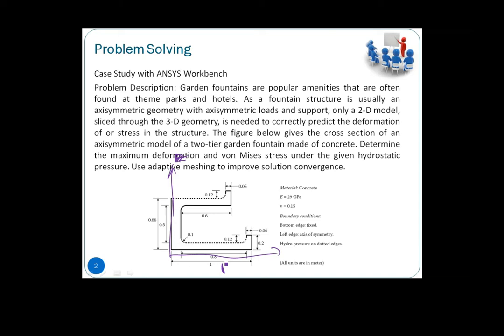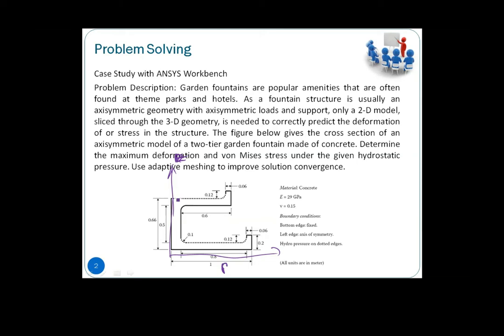This figure itself is a cross section of an axis symmetry model of a two-tier garden fountain made of concrete. We want to determine the maximum deformations and the normalized stresses under a given hydrostatic pressure.